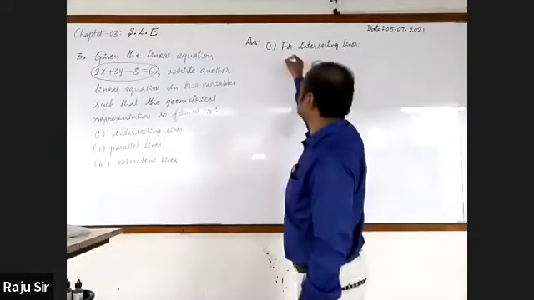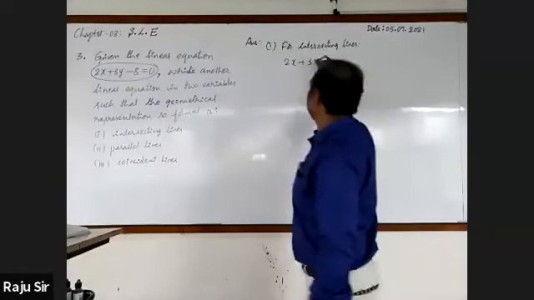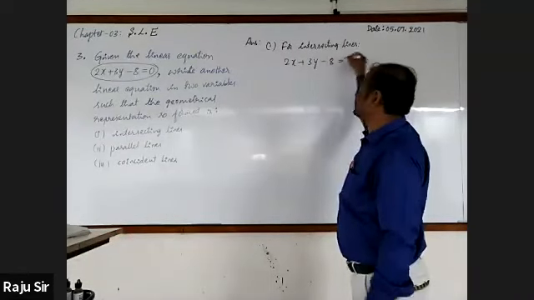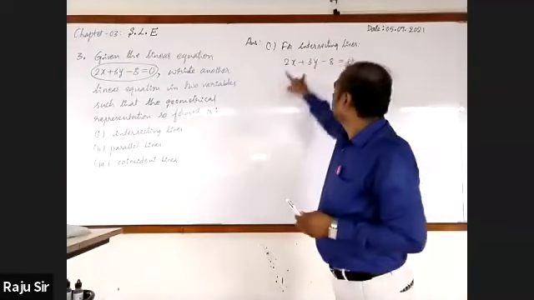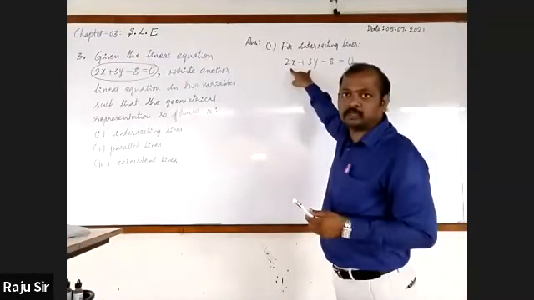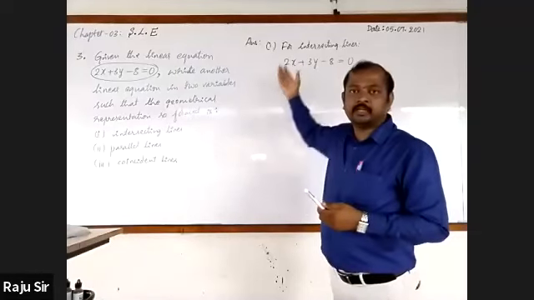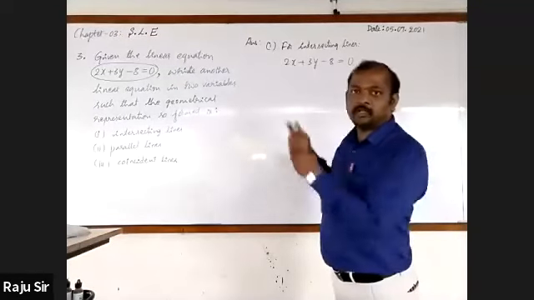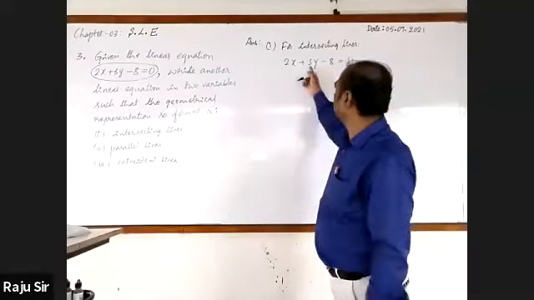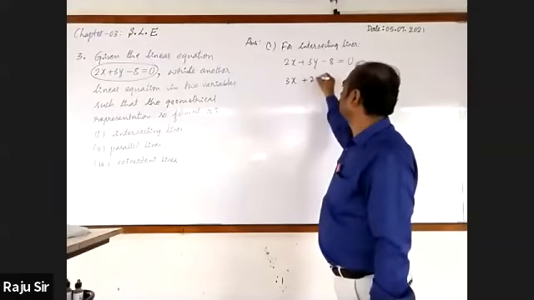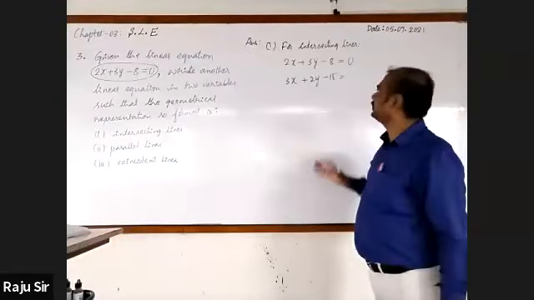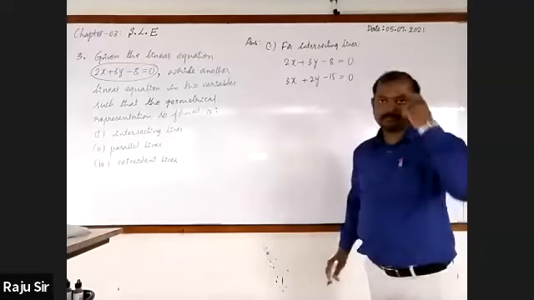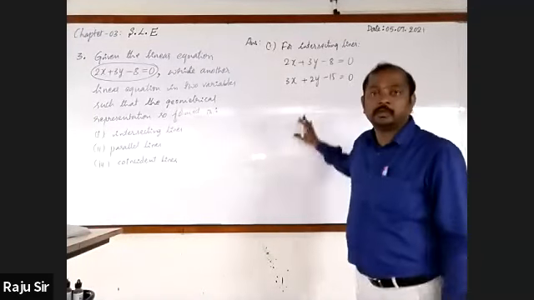First equation is 2x plus 3y minus 8 is equal to 0. As I said, the coefficients of x and y should be different in the next equation, or you may interchange also. Here I'll write this as 3x and this as 2y minus 15. Whatever number you want, you may write. Did you all understand?